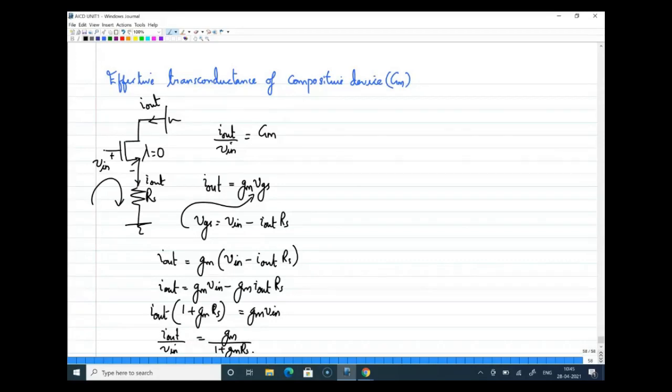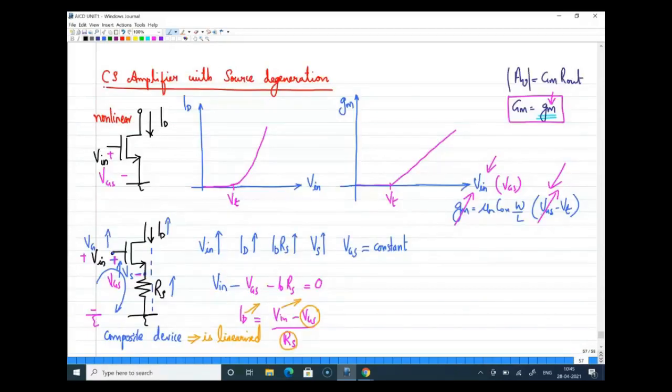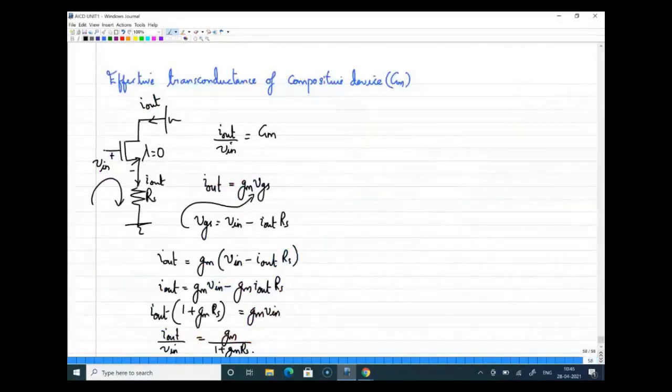Right? So you'll be wondering what I'm doing here. Without resistance, we saw the relation and we saw that gain is directly depending on gm. Now by adding a resistance at the source end, what we achieved is capital Gm is equal to gm by (1 plus gm RS). So will we have the same variation as before, or is there any change?